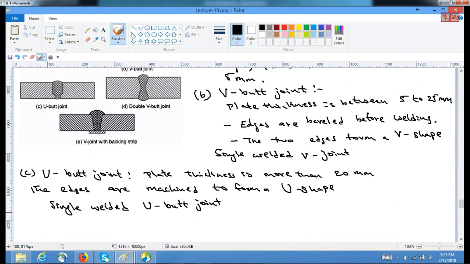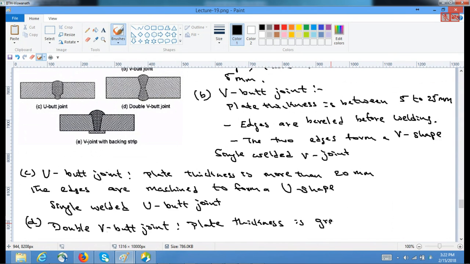The fourth one is the double V. So when plate thickness is greater than 30 mm, these are used.